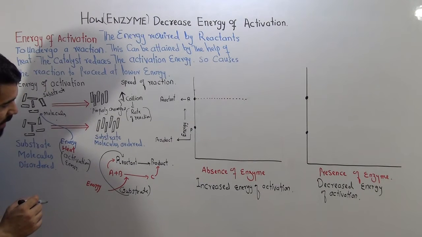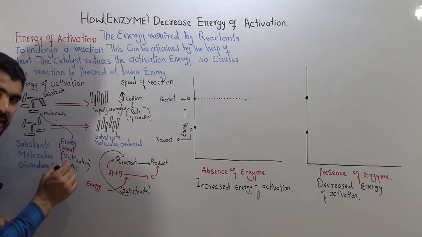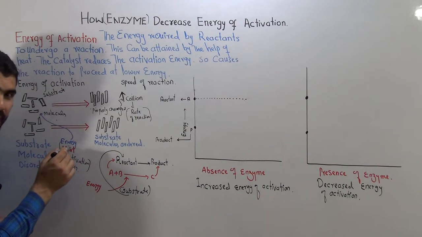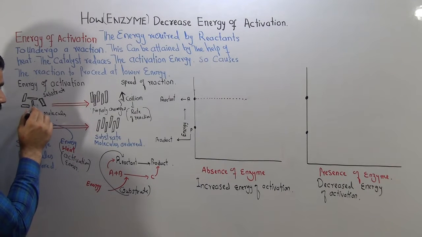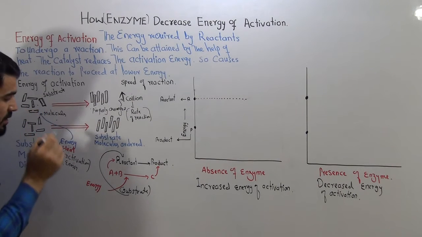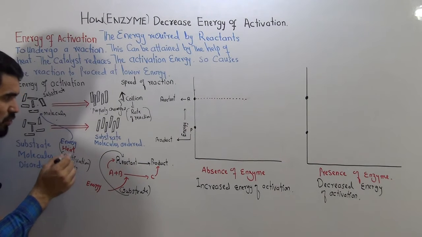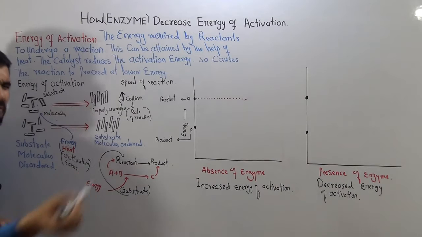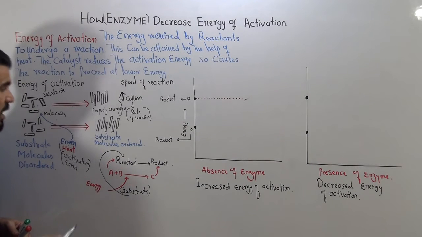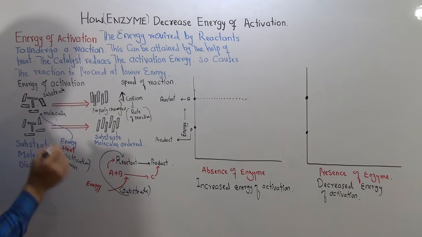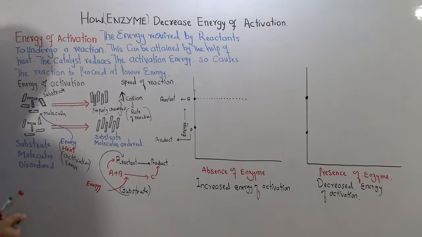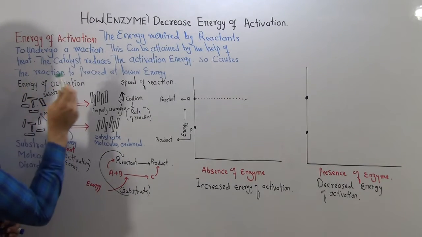Now, if this activation energy is very, very high, what will you do? You will provide more heat, because the reaction will not start until you provide the required energy. Every reaction has activation energy. Let me write it here: this is energy of activation.